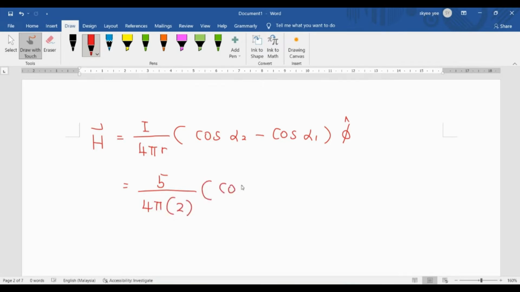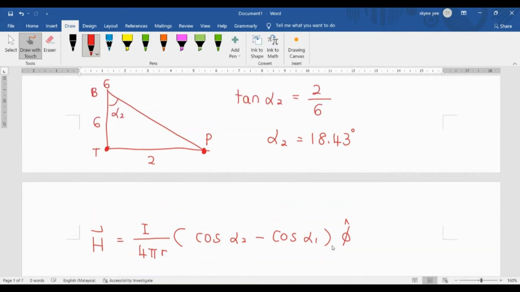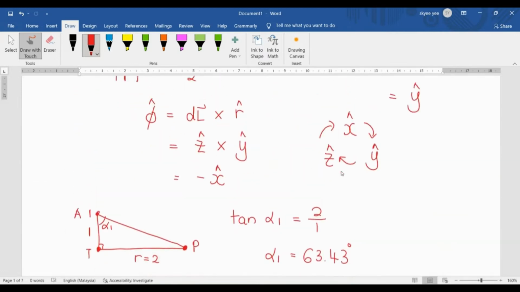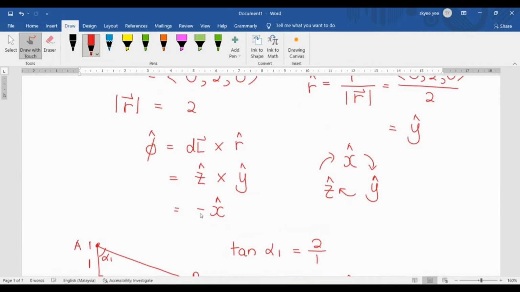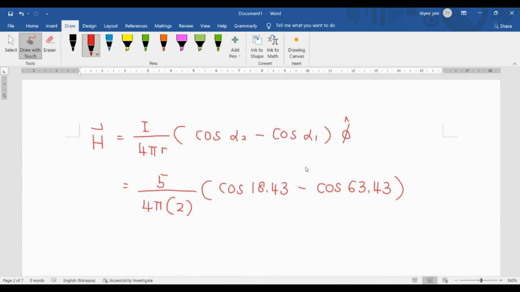So your cos alpha 2 is cos 18.43, minus cos 63.43. And the direction, you already calculated just now, which is negative x.